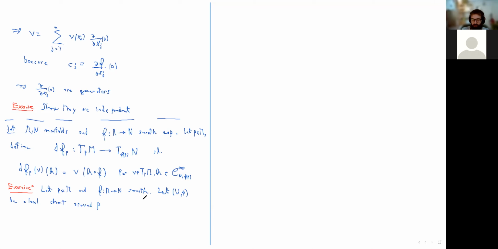What it means, local chart around p, is just that p is in U. And we take another local chart for N, this time around the arrival point, so V, psi, a local chart around f(p).